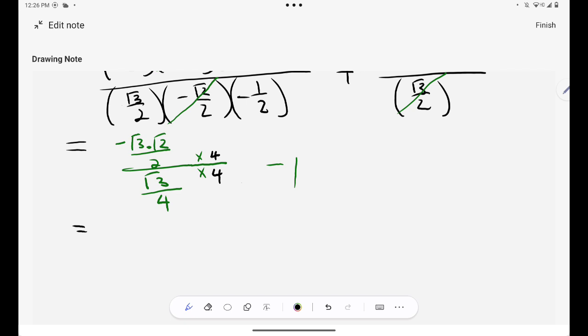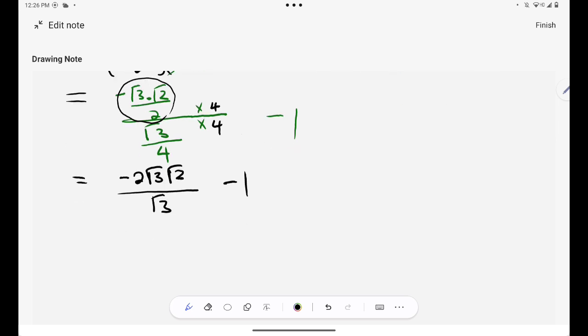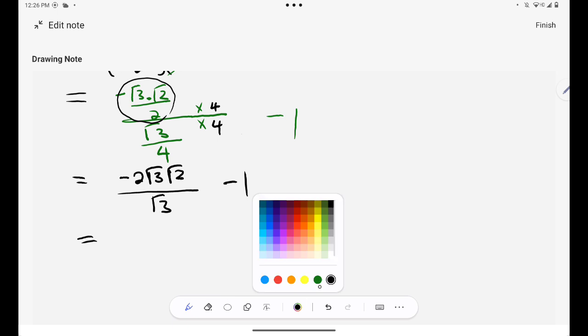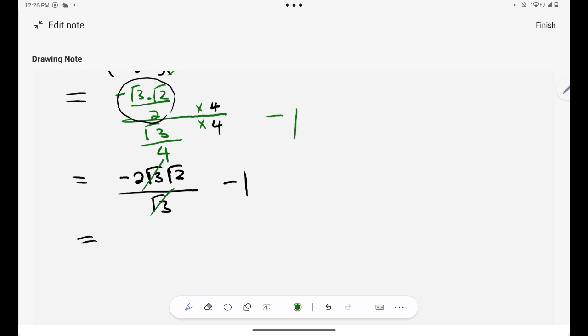Whenever I multiply the numerator by 4, I will have negative 2 multiplied by root 3 and root 2 all over the square root of 3 minus 1. And then this will cancel with this one. I'll be left with negative 2 multiplied by root 2 minus 1. So this is how, guys, you simplify.